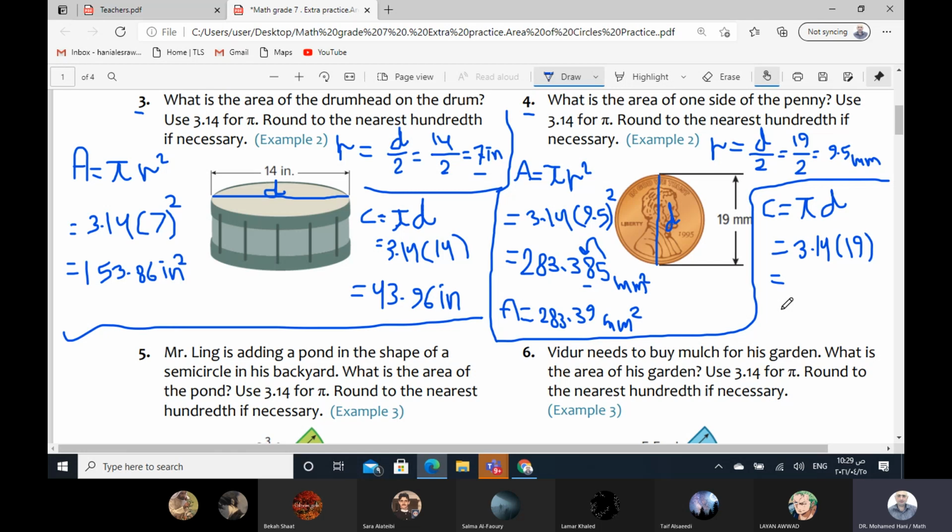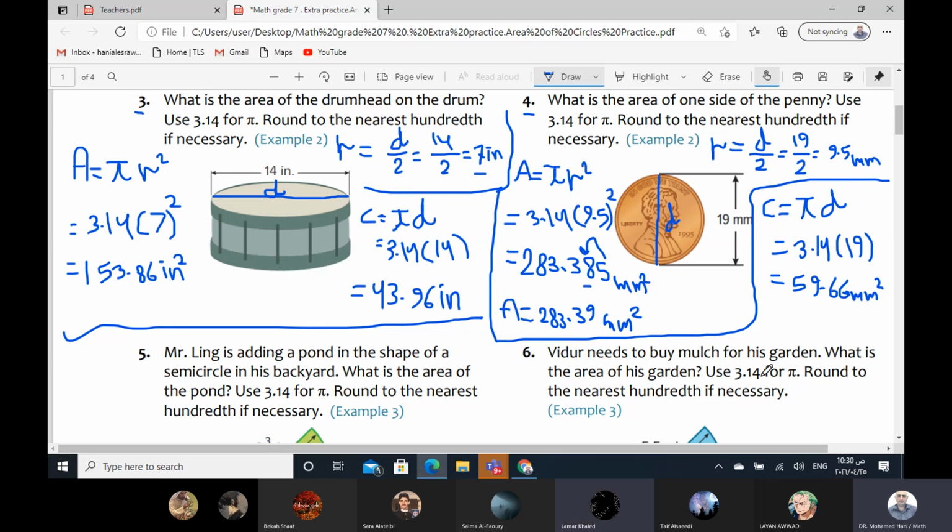Now 3.14 times 19 equals 59.66 millimeter squared. Is it correct or I have a mistake here?